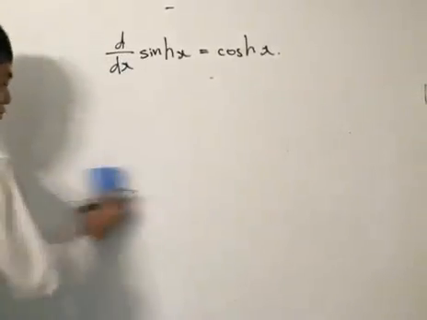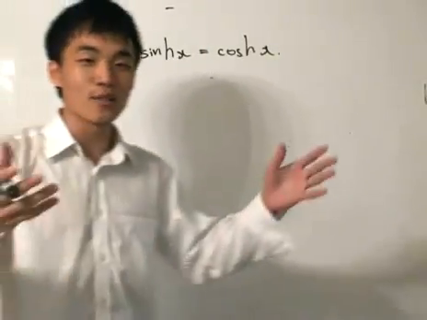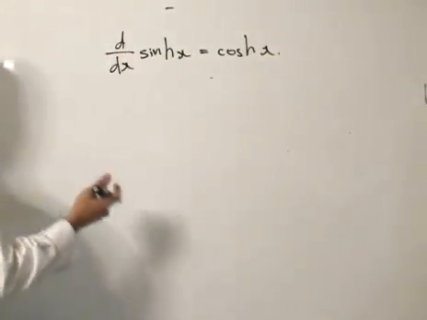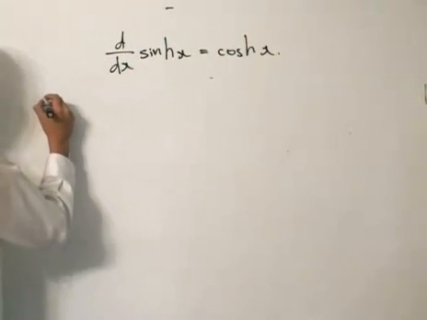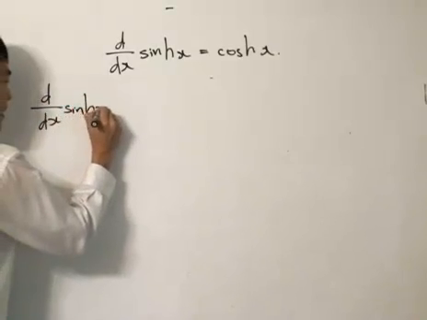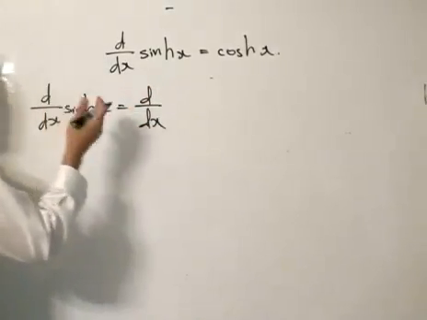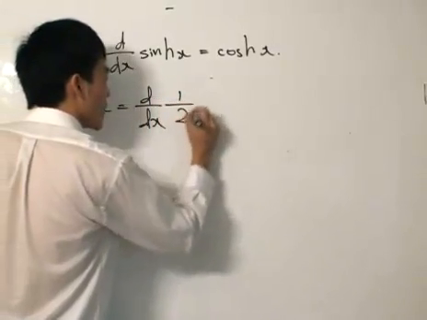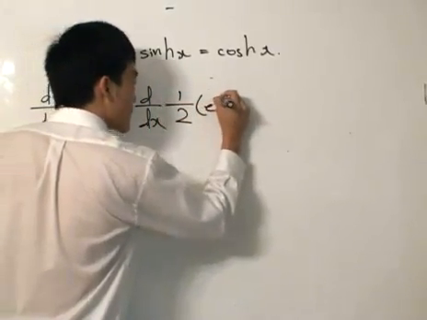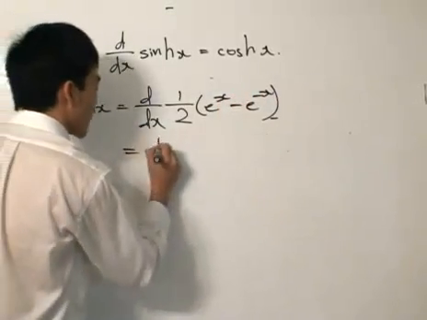And the proof is very easy to derive, because all we have to do is convert the hyperbolic function into the number e format, and then we can differentiate accordingly. So differentiate sinh x. Now what's the definition of sinh x? It is simply half of e^x take away e^(-x). So I differentiate this with respect to x, I get half.